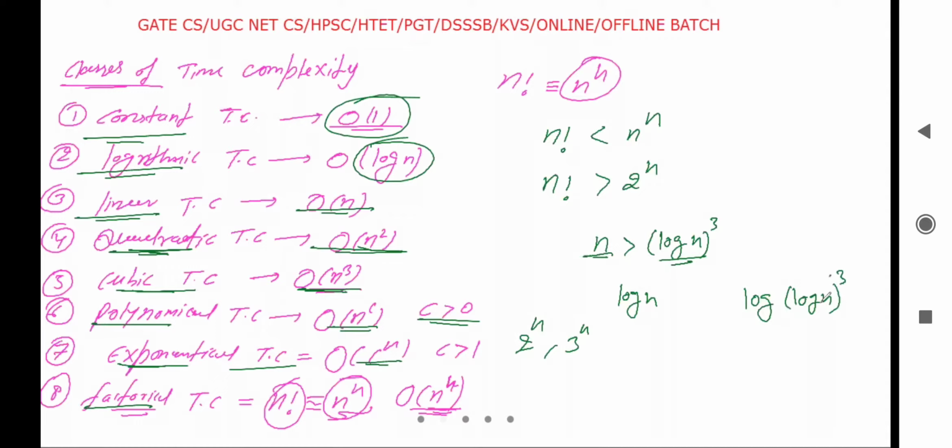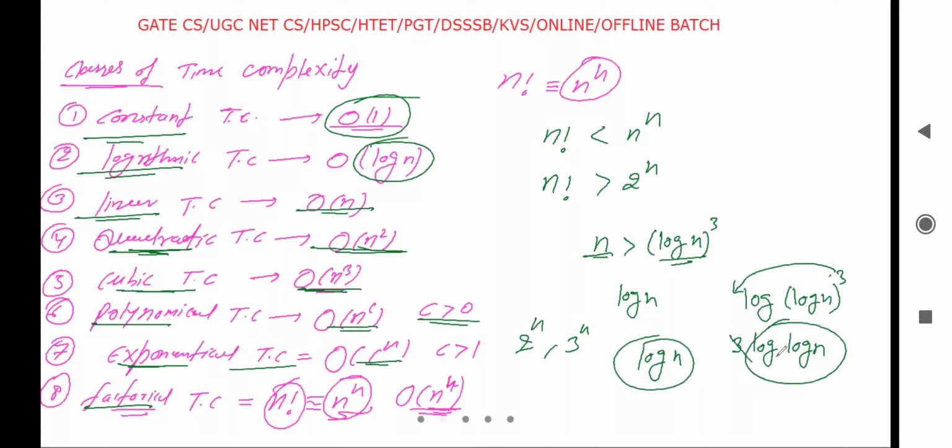The power can come down, so it is 3 log n, and here it is log n. The constant we can ignore, so the dominating terms are log n and log of log n. Out of these two, log n is greater. That's why n is greater than log of n power 3. Yes, is it clear or not?